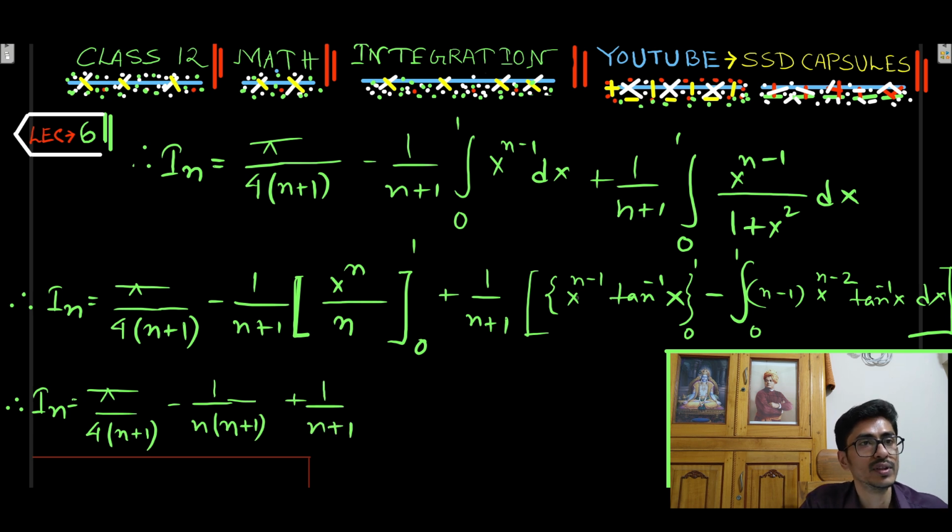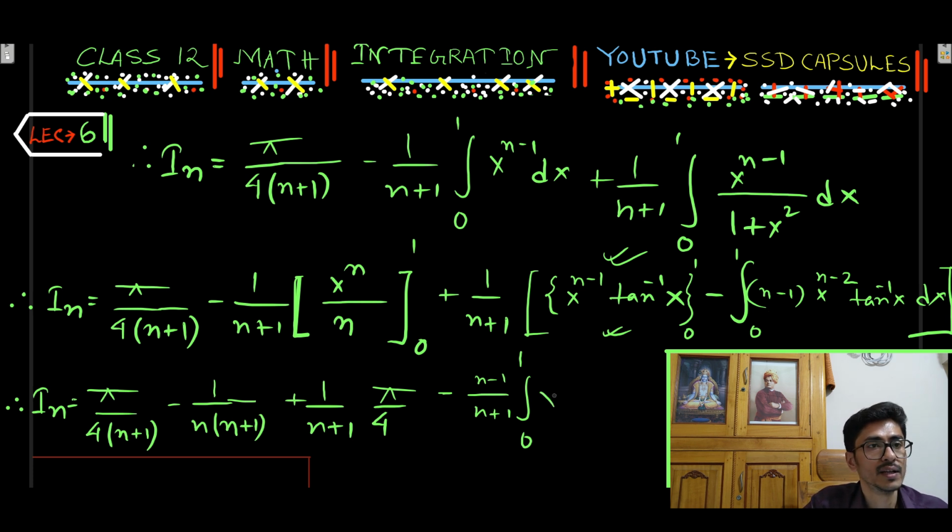Here also if we put the limit in this position, tan inverse 1 means pi by 4, and if we put 0, this term becomes 0, minus (n minus 1) by (n plus 1), integral 0 to 1 x to the power (n minus 2) tan inverse x dx.